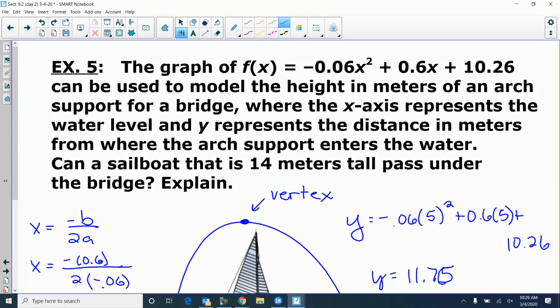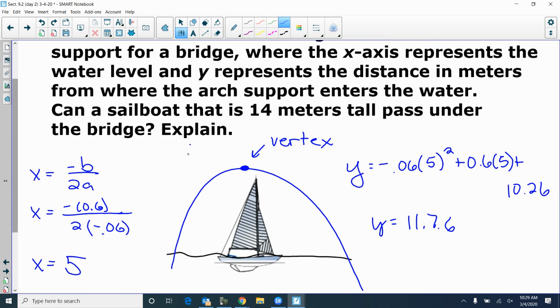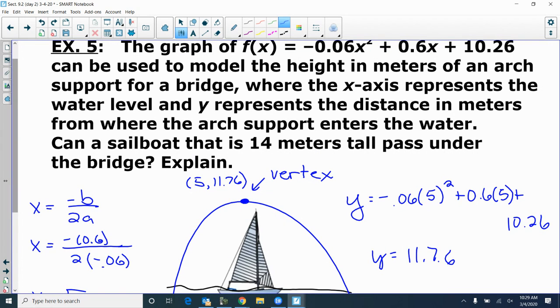All right, so this right here is exactly the 5. Okay, that's our vertex. It tells you y represents the distance in meters from where it enters the water.